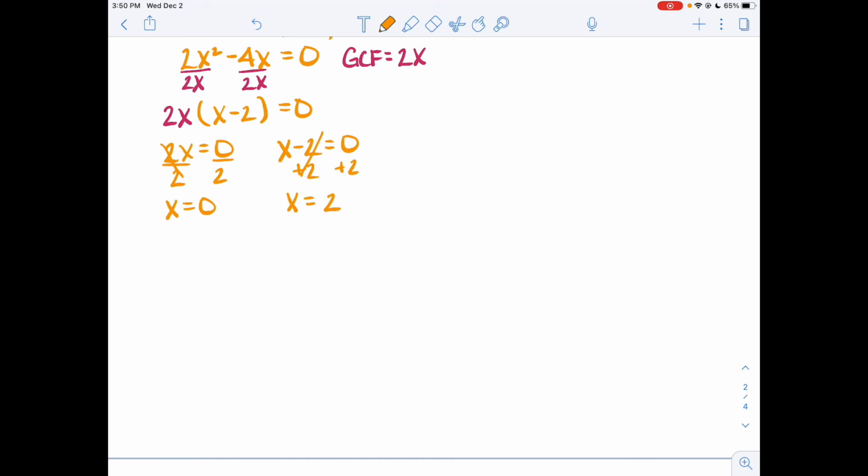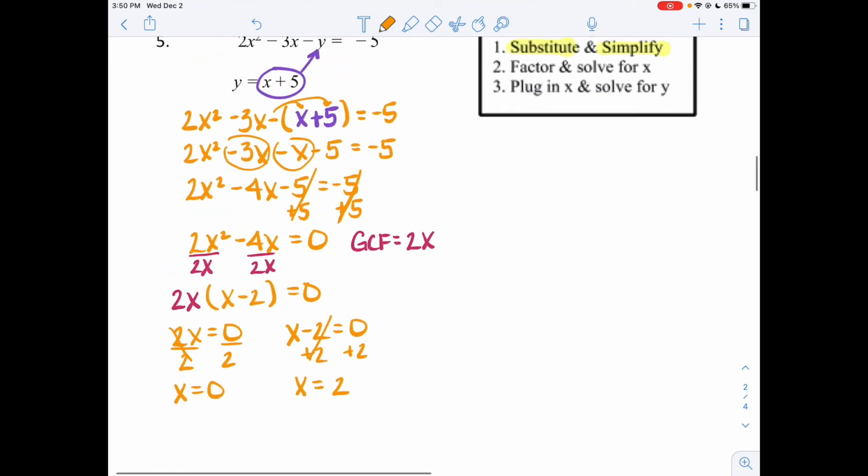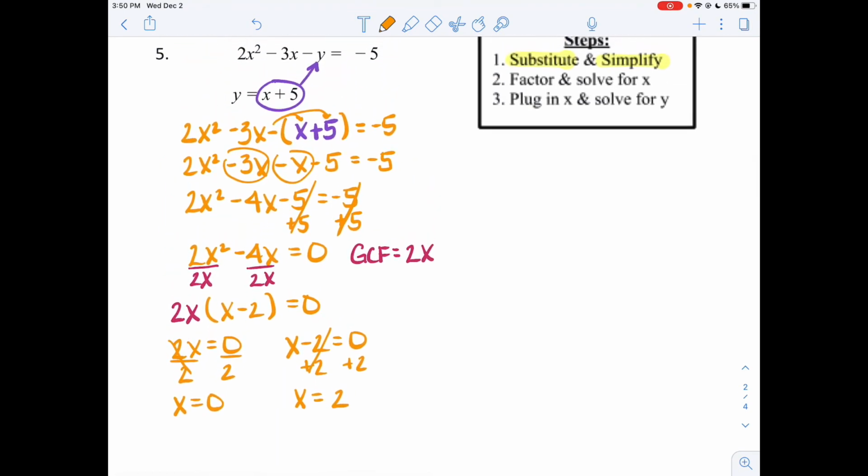So I know that x can either be 0 or 2, but now I need to also know what y is. So I will go back up to the original equations, and I'm going to plug in x into either of these equations and then solve for y. Since the second equation is simpler, it only has a linear equation instead of a quadratic, and it's already solved for y, it makes sense to plug into that one.